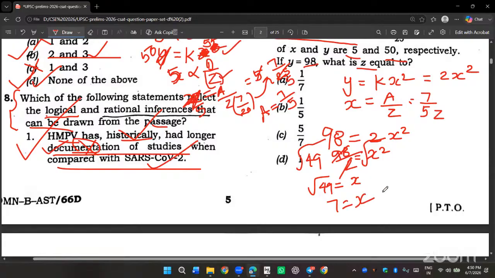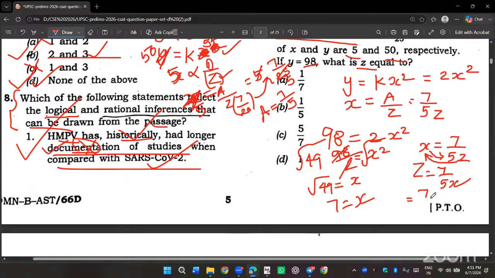Good. Now you have to find out z value. X is equal to 7 by 5z, is it? Then we need z value now. Z is equal to 7 by 5x, take x this side, z this side.